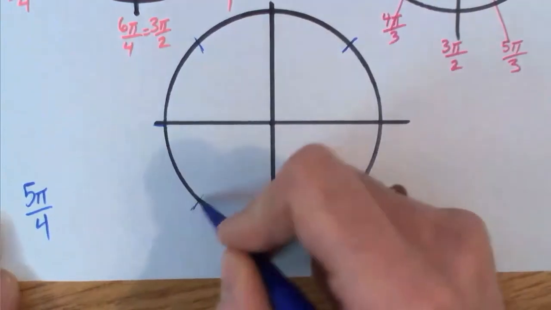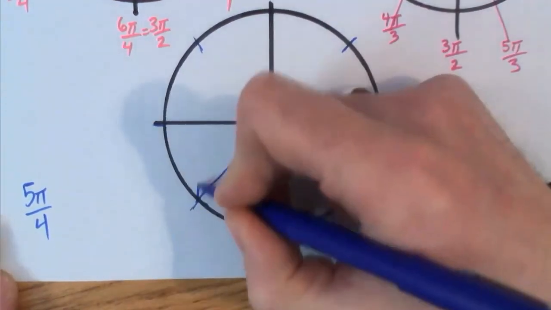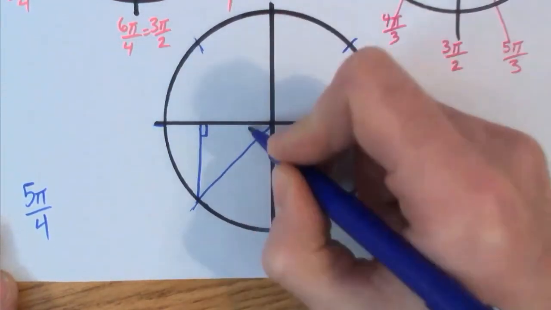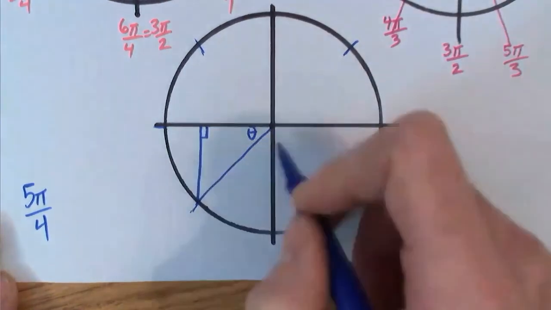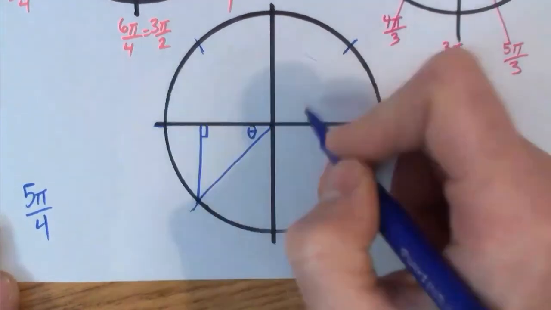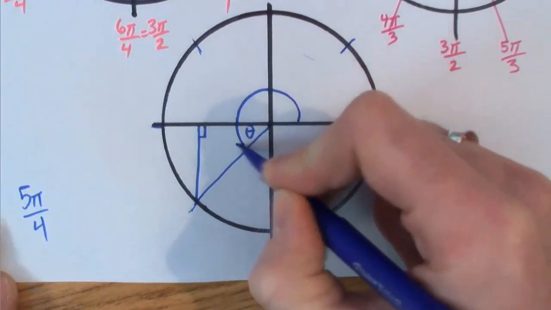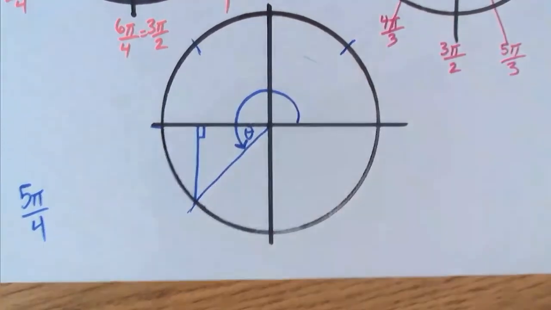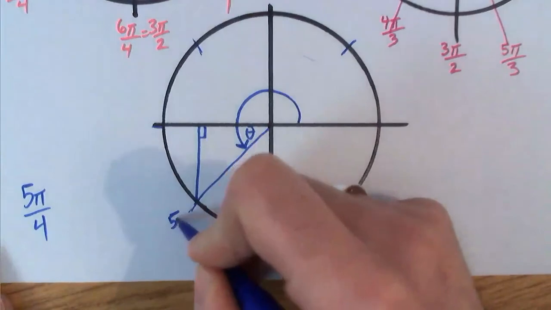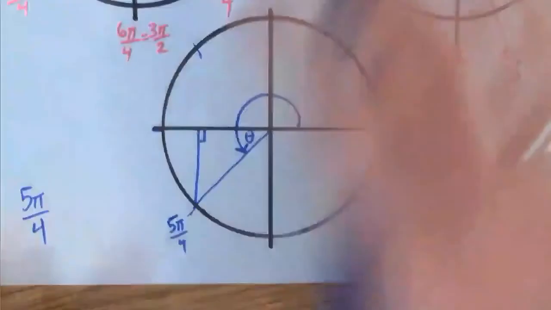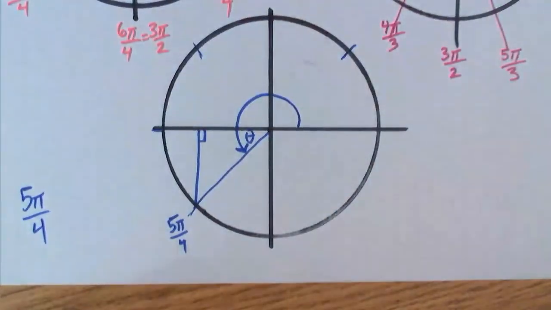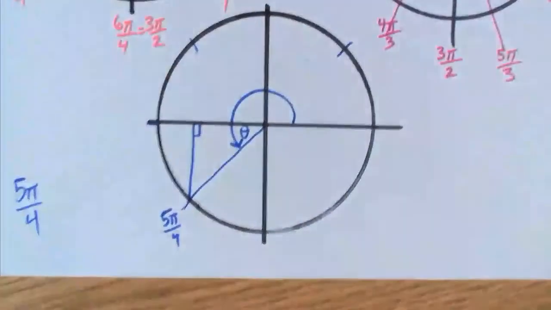And here I am, 5/4 of the way to pi. And then we're going to be writing these little reference angles right here. And that's it. This is 5 pi over 4, because it would be this angle with the reference angle of theta right there. So we want you to be able to find and locate these radian measures without having to draw all of them out at one time.